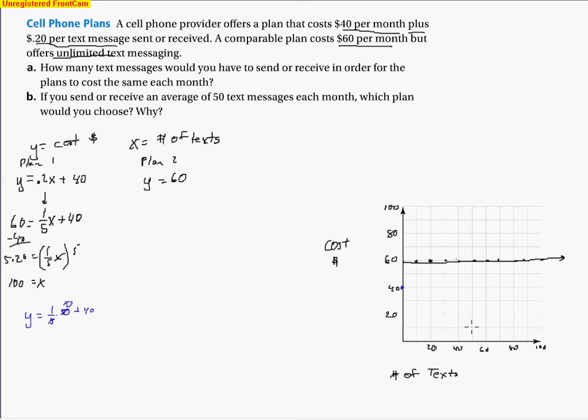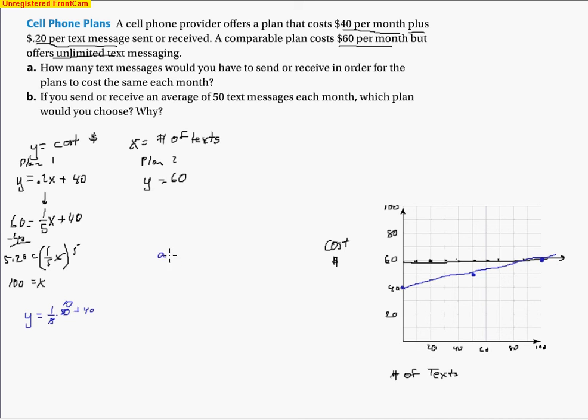So at 50 texts, it's going to be up at this amount, $50, and then at 100 texts, it's going to finally be at 60. And so that's where they're going to end up crossing. So it's going to take 100 texts in order for them to be the same. And that's what they're asking here, is how many texts would you have to send in order to have the cost the same each month, and that would be 100 texts.